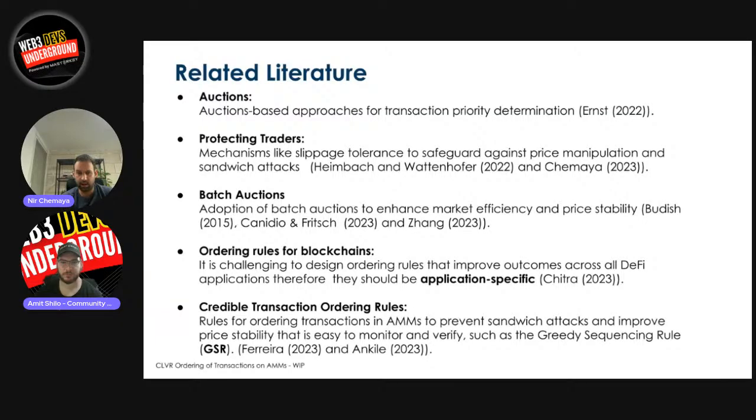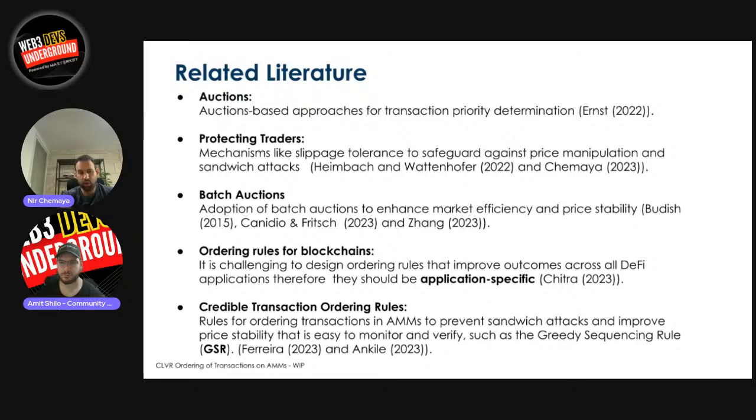The literature most related to us is the GSR, which I will explain more specifically how it works, but it's basically saying that there is a way to order transactions on an AMM following a very basic rule that prevents sandwich attacks and can also improve price stability.